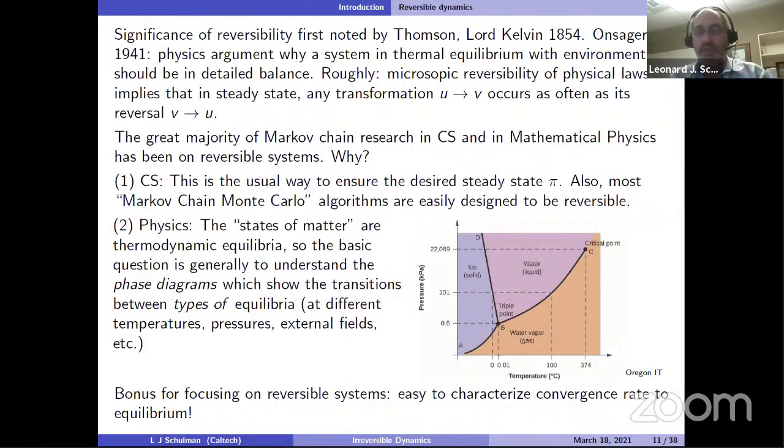You want to understand at what combinations of temperature and pressure you'll get one or the other, and you draw these phase diagrams like the one I've brought you here on the lower right. All of these systems are, by Onsager's argument, in steady state. So you don't really have any reason for departing from this until you look at much fancier things like fluctuations, the transition across equilibrium. But the fundamental theory is therefore about this.